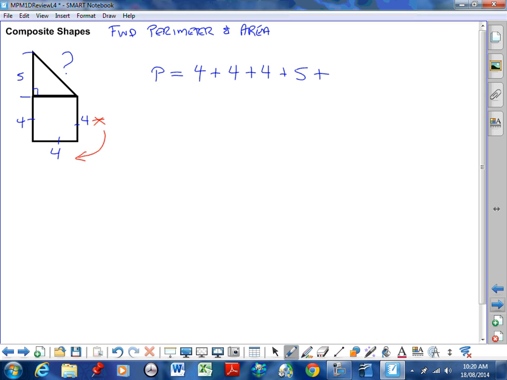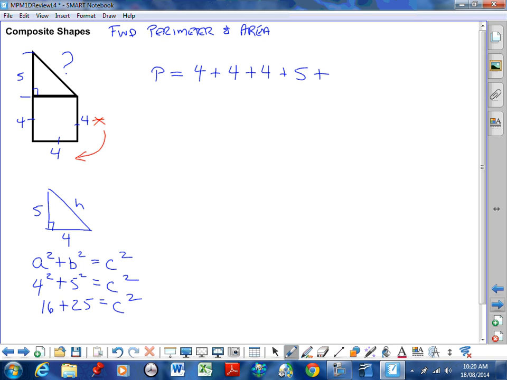So this is how we're kind of sneaky. We have you use Pythagorean theorem. So you need to find Pythagorean theorem for a triangle with a base of 4, a height of 5. What is the hypotenuse? A squared plus b squared equals c squared. 4 squared plus 5 squared is c squared. 16 plus 25 is c squared.